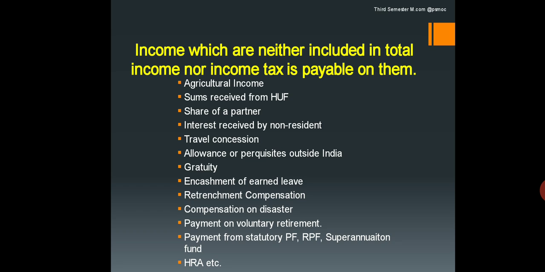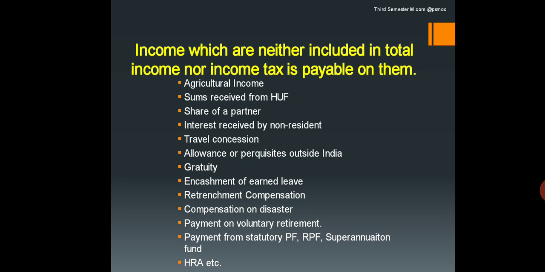And this compensation on disaster is like this: the government pays some disaster compensation. For example, in the last years you have seen the flood in Kerala, and the Kerala government paid many people some 10,000 like that, and for some people they reconstructed their houses, and for some people they gave money to construct new houses.